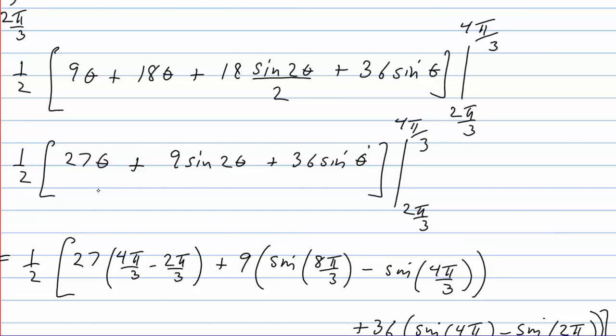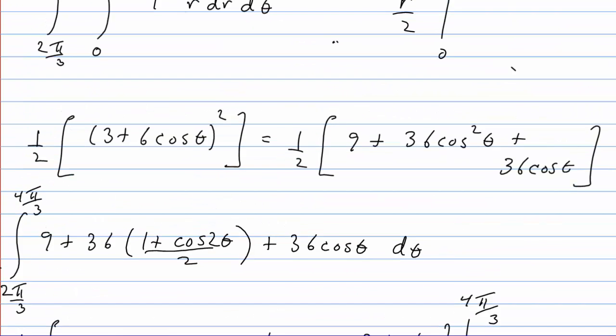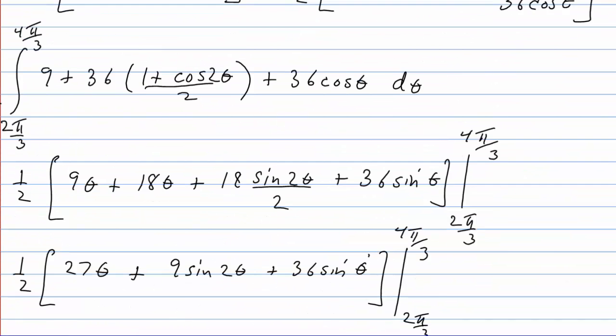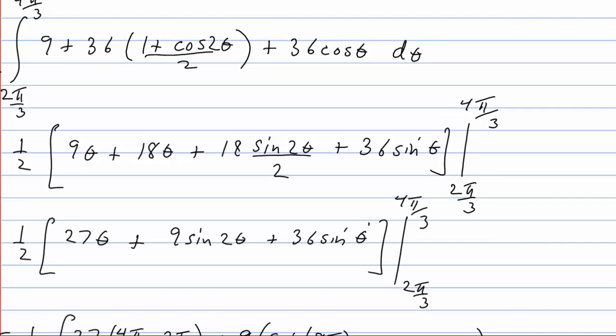So this 1/2 27 theta plus 9 sine 2 theta plus 36 sine theta, where did that come from? Well, we integrated the inner thing that was r, so it became r squared over 2 when we plugged in r equals 3 plus 6 cosine theta, and we squared it out, simplified, and integrated with respect to theta. So all that stuff is exactly the same.